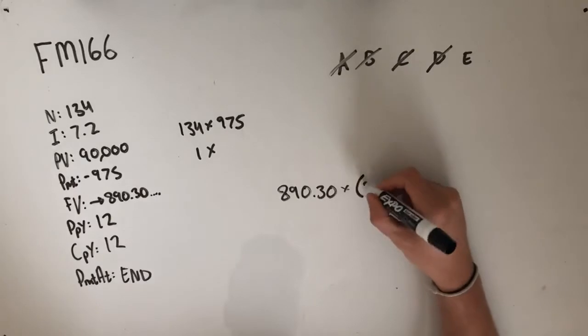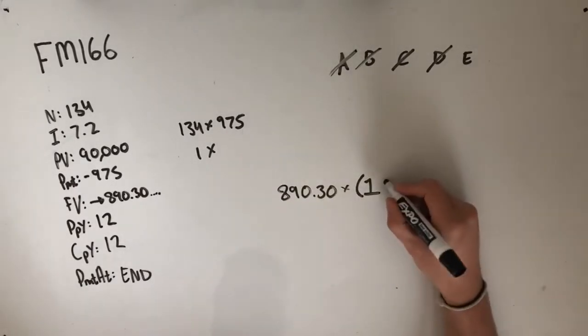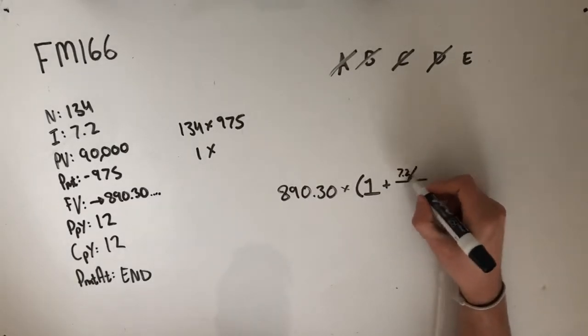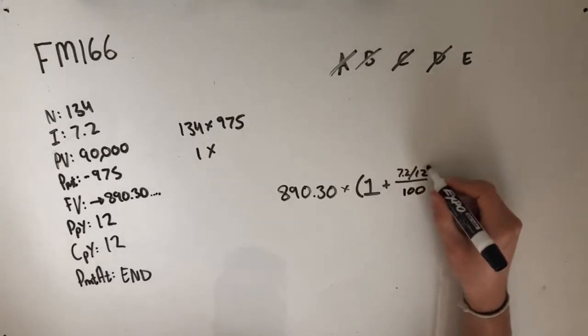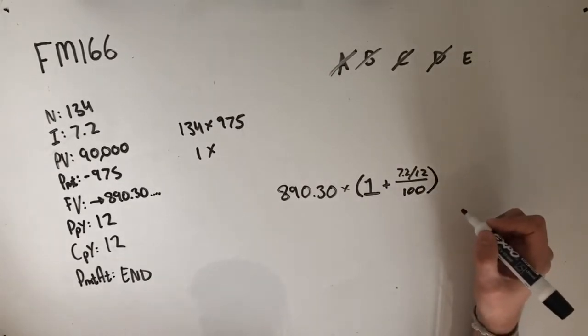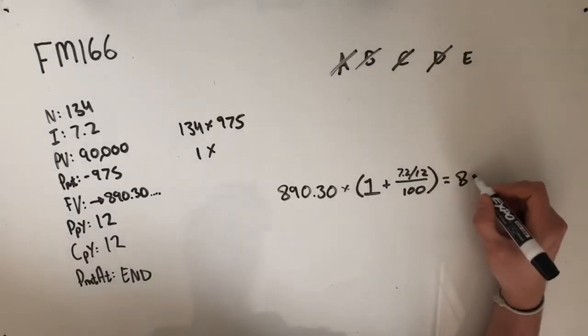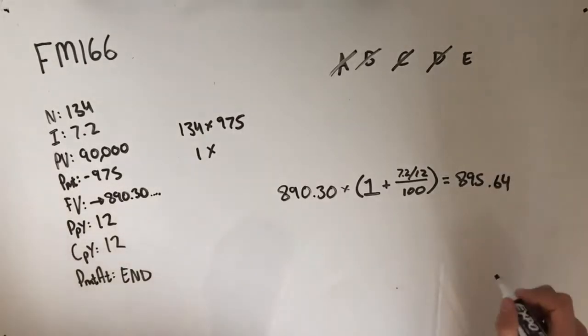times that by 1 plus. So we obviously want to keep this value and add interest on top, hence the 1 plus our 7.2% per year divided into 12 to turn it into a monthly amount over 100. Plugging this into your calculator, you're going to get $895.64.